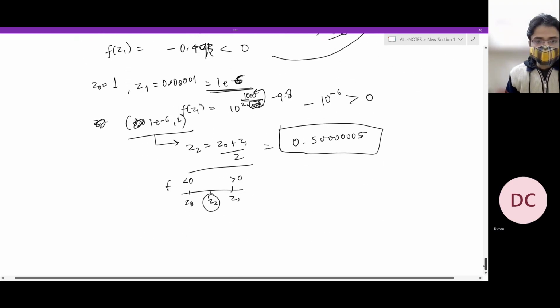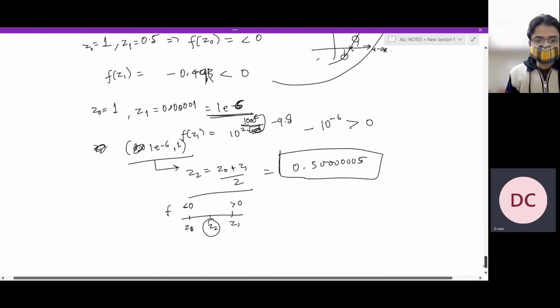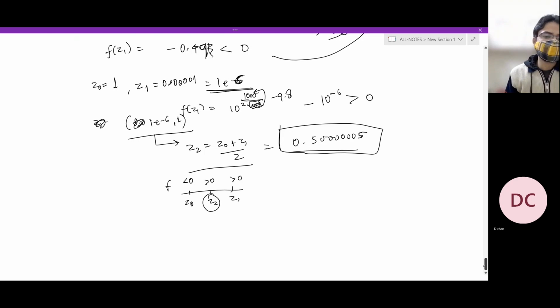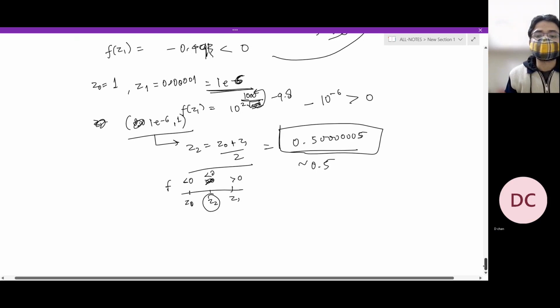That would be, if it comes out to be greater than 0, which I don't think it will be, it will probably be less than 0 because it is approximately 0.5, and 0.5 is 1 over 2.